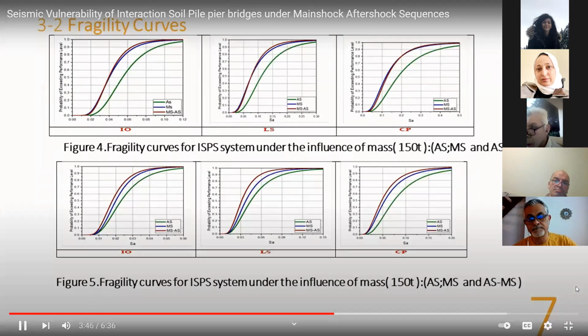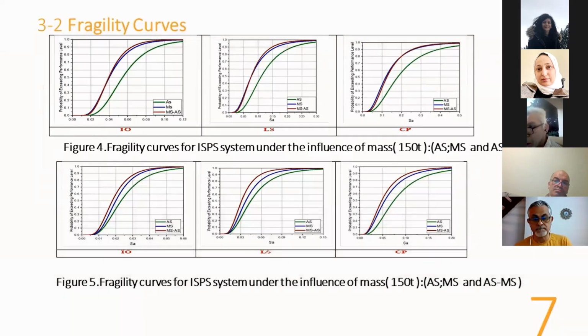3.2 Fragility curves. The probability of exceedance for each damage state is increased and is affected by the different damage states. The ISPS in loose soils, obtained under the influence of mass 150 tons, is more vulnerable under the influence of main shock aftershock than under main shock only and aftershock only.